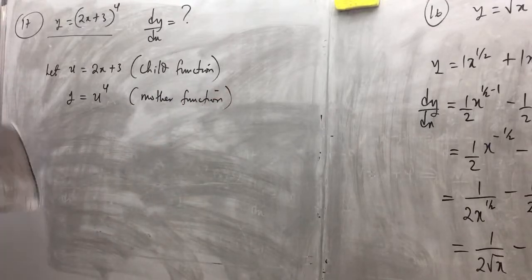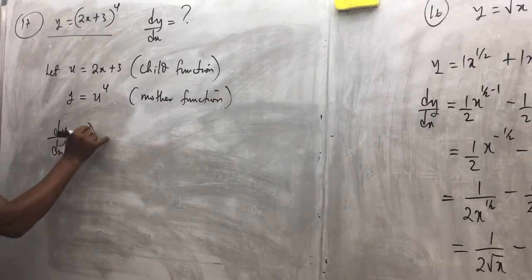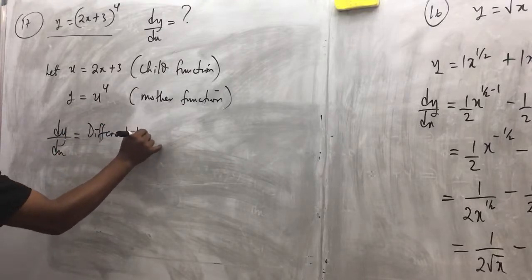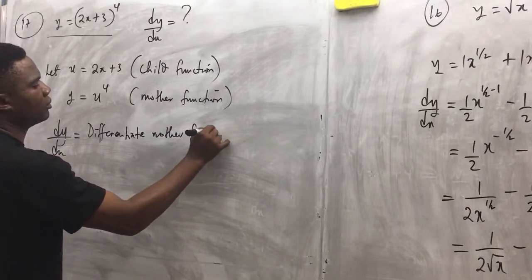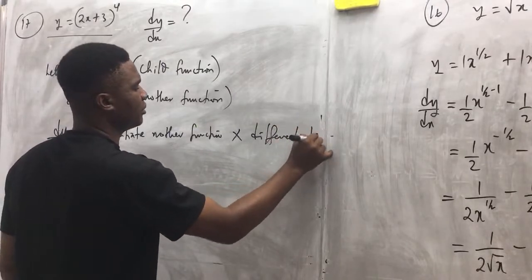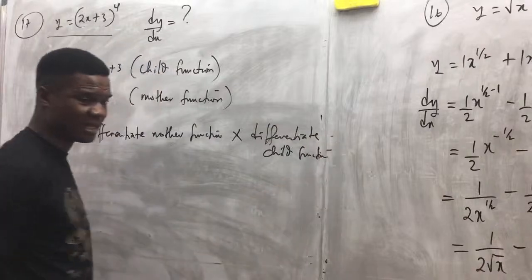The rule is, if I'm to get dy/dx, then the rule will be: differentiate the mother function times differentiate the child function. It's as simple as that.